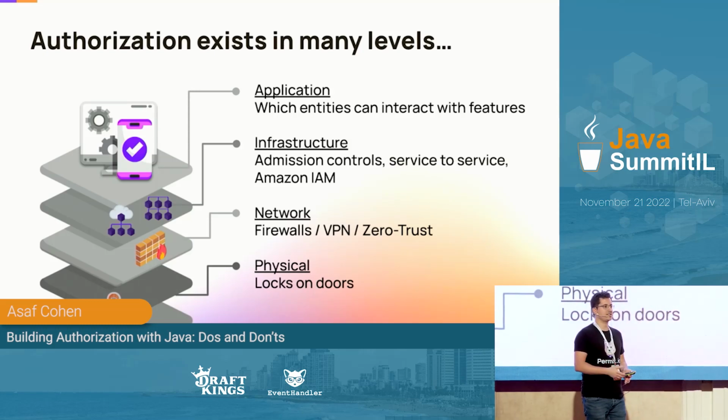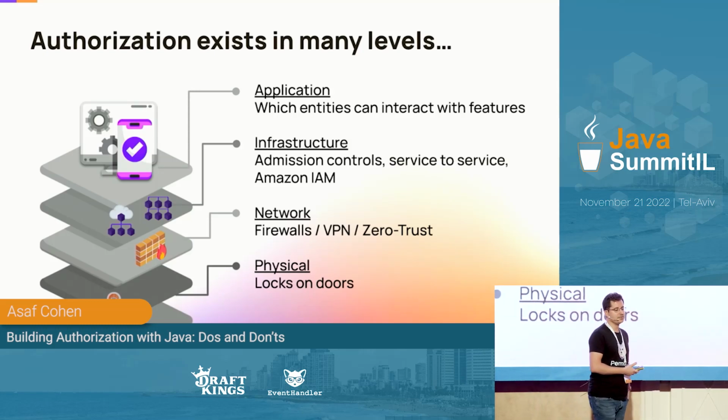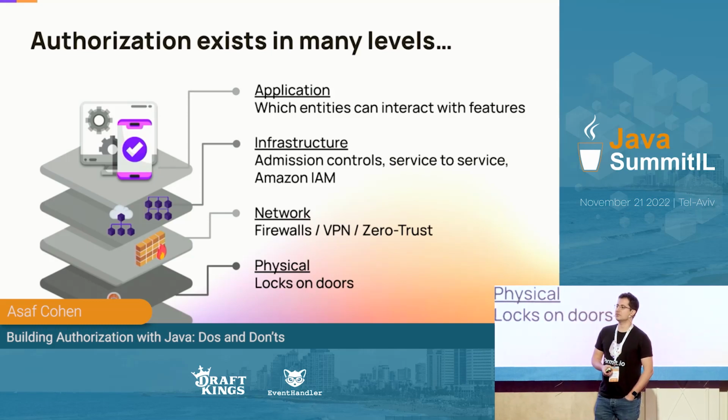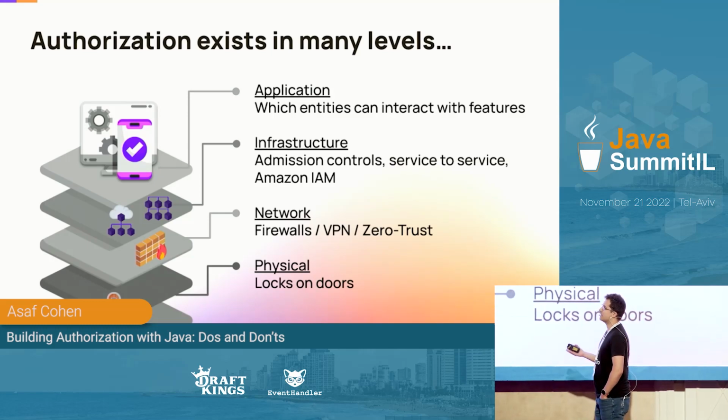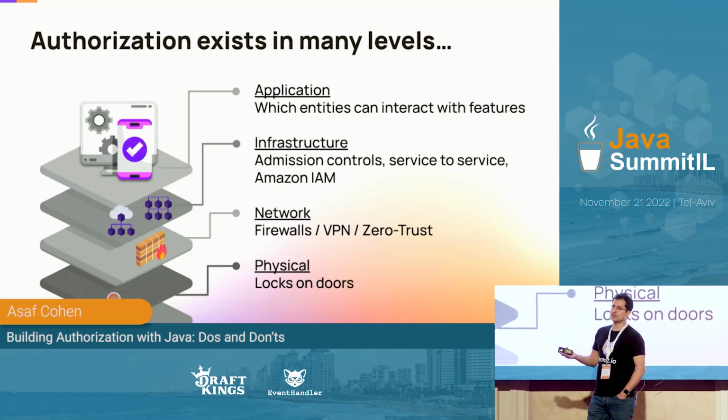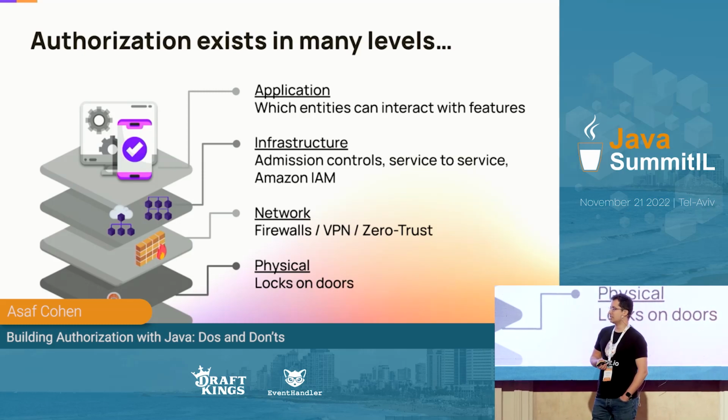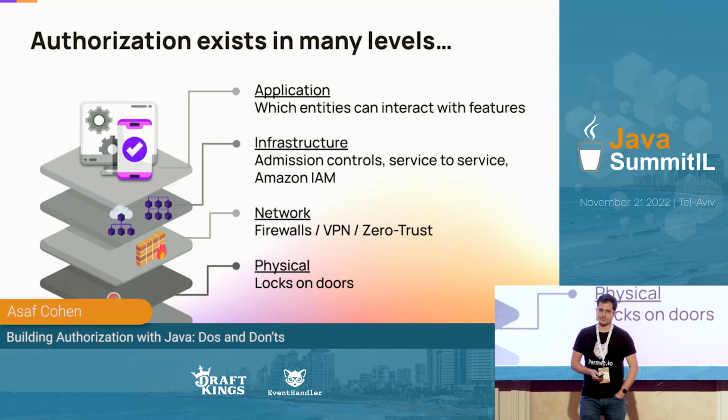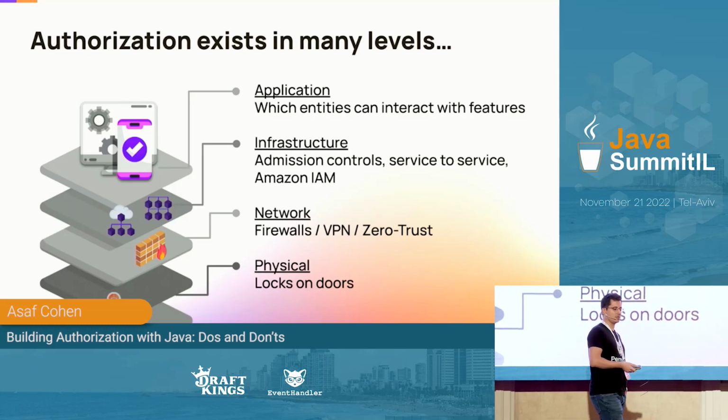So there's physical access. There is network access, implementing firewalls, VPN, zero trust solutions. This handles the question of what IPs can talk to what IPs on what ports. That's network access.